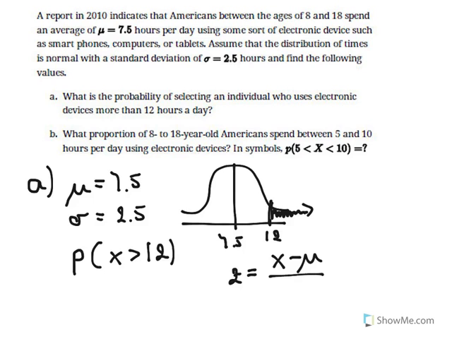So that's exactly the same thing that we did for the previous problems. X we know is 12 minus 7.5 over 2.5. And here we get a z-score of 1.80.